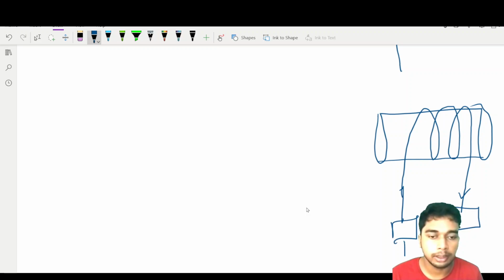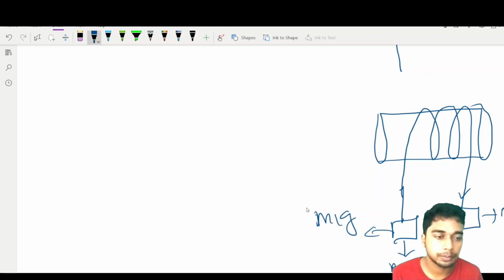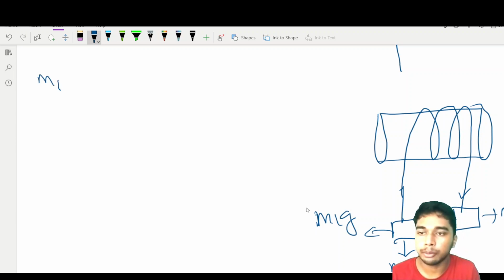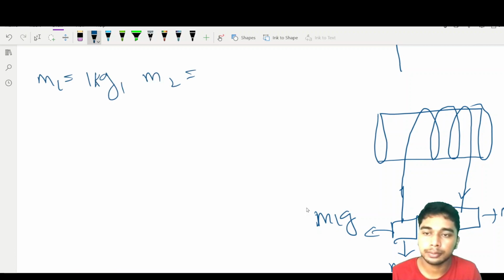For example, I am considering this is a mass of 2 kg, so this is m1g and this is m2g, and m1 I am considering as 1 kg, and m2 I am considering as 2 kg.